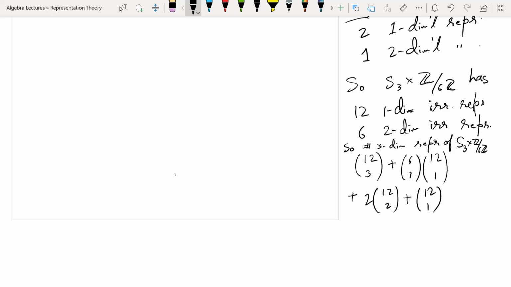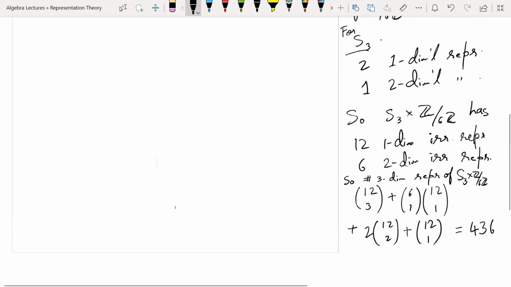So you take the sum of these, and this will give you all the three-dimensional representations of S3 plus Z mod 60. So whatever this number is. So what is the answer? If someone remembers? 436. 436. Okay.